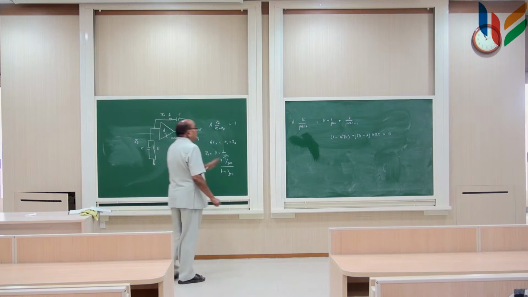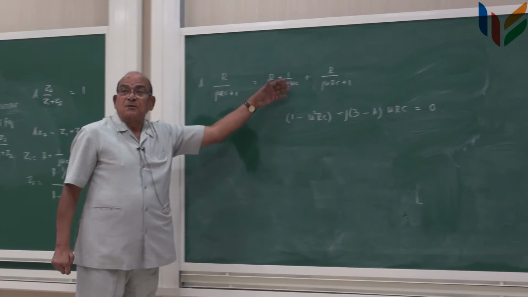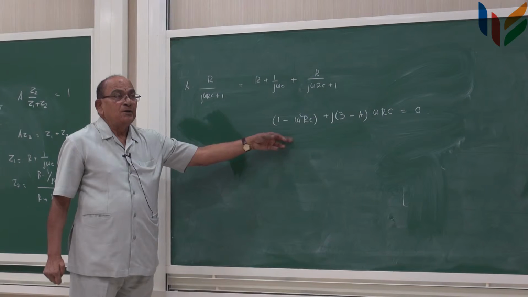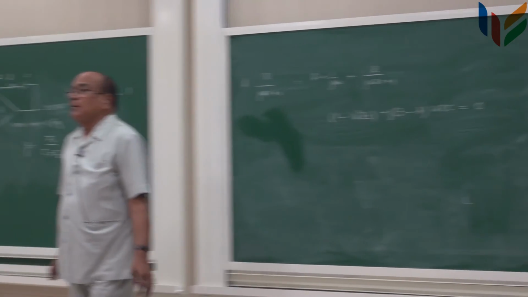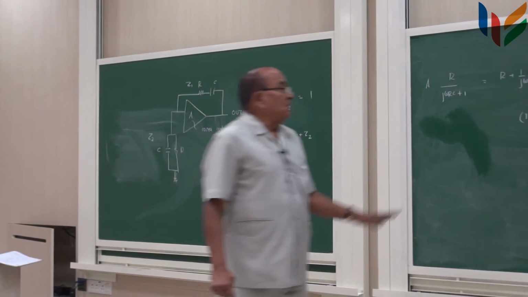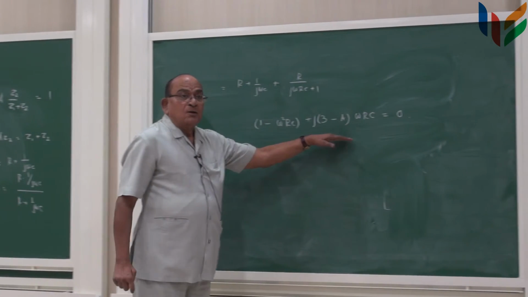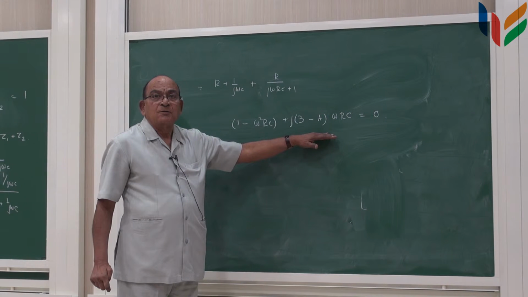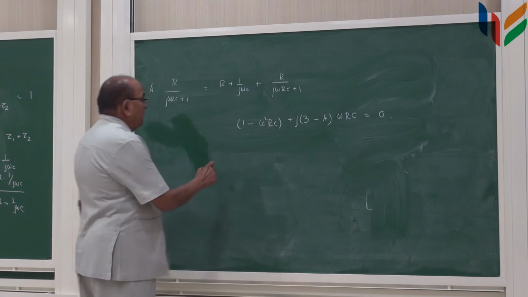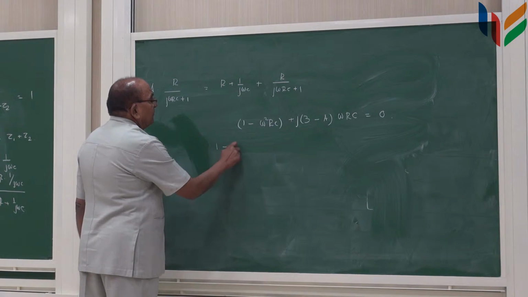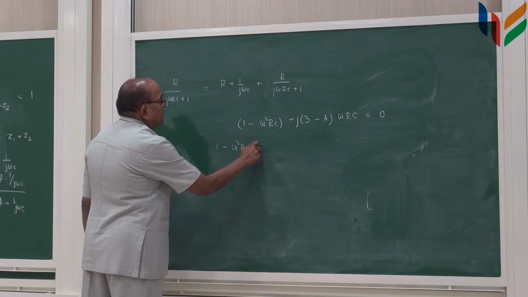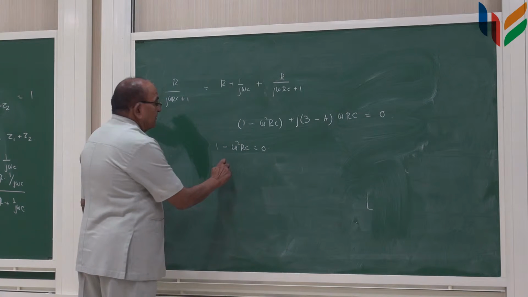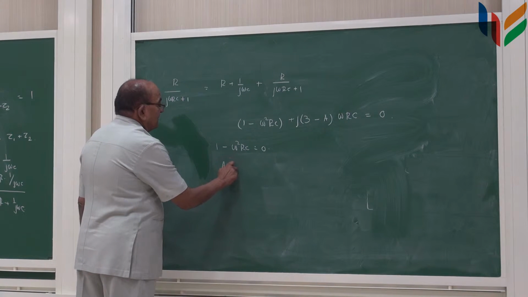This is a complex number, so the real part must be equal to 0 as well as the imaginary part. The real part condition is 1 minus omega square RC must be equal to 0. The imaginary part condition is A must be equal to 3.